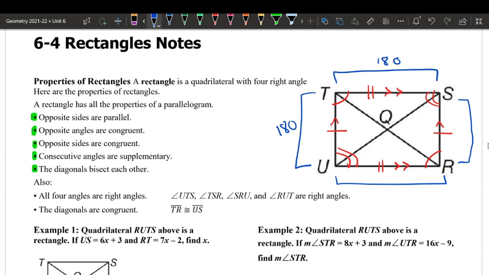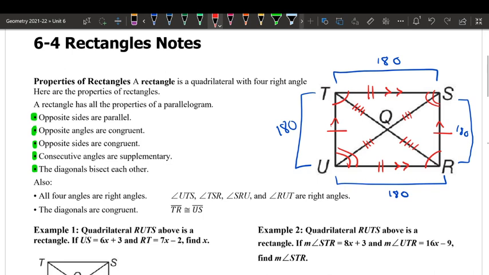Those angles add up to 180 degrees. All right, and then diagonals bisect each other. I already did one line, two lines. Okay. Running out of lines, so I guess it'd be 3 lines and 4 lines. All right, so that's for a parallelogram.